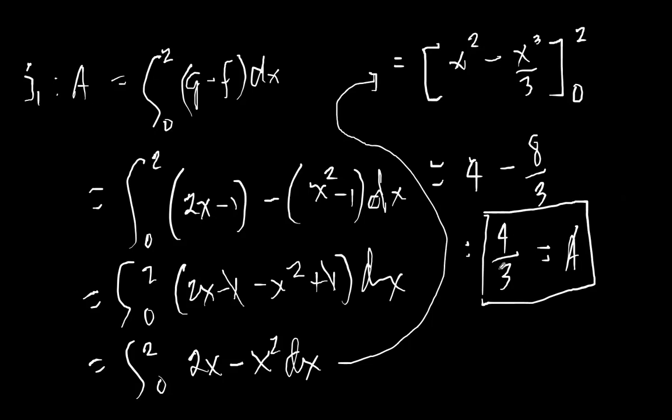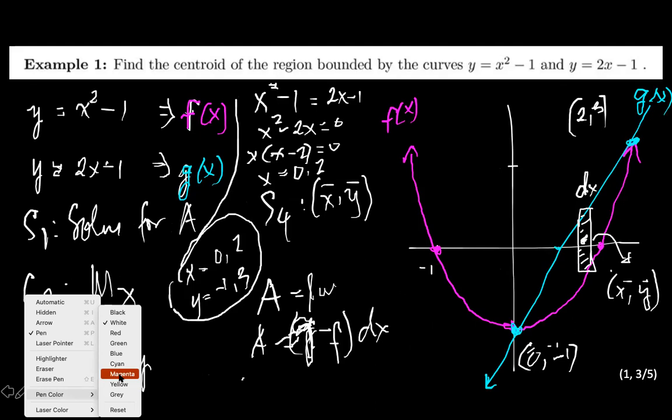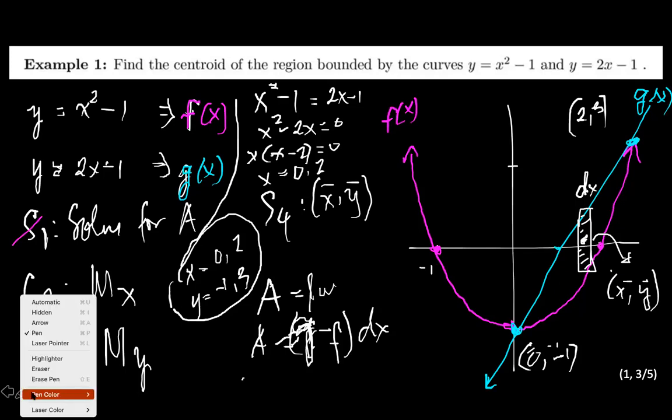So let's work on step number 2. Let's check what we have already done. We're done with this. We're now on step number 2, solving for M sub x, the moment about the x-axis.